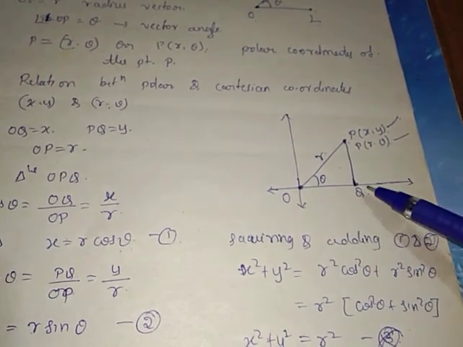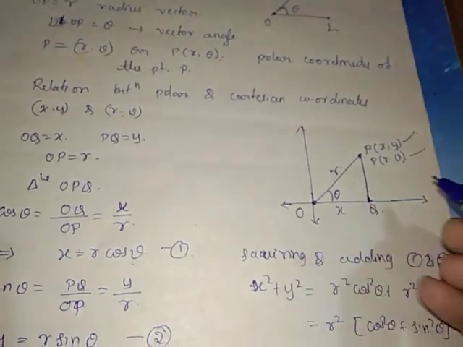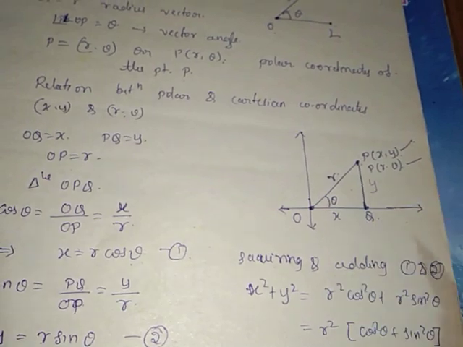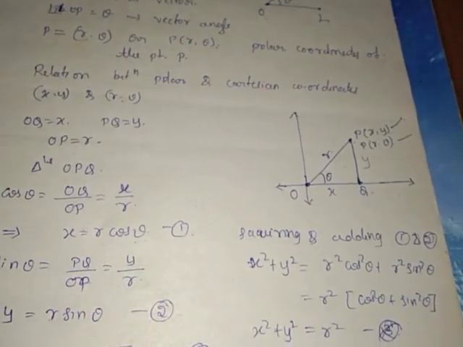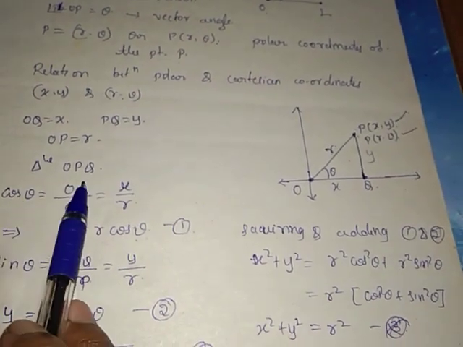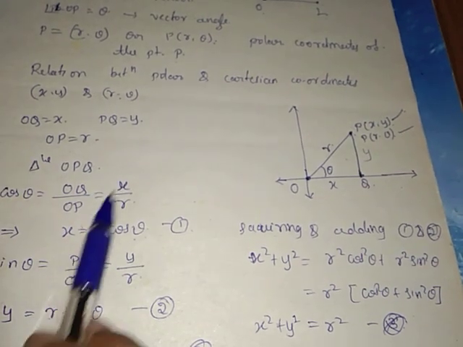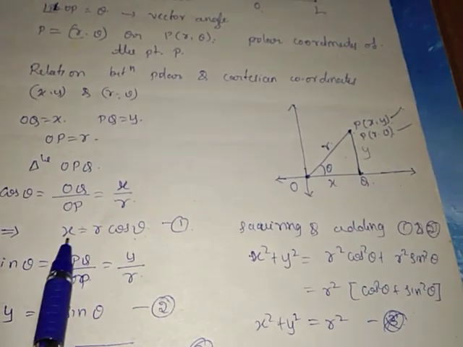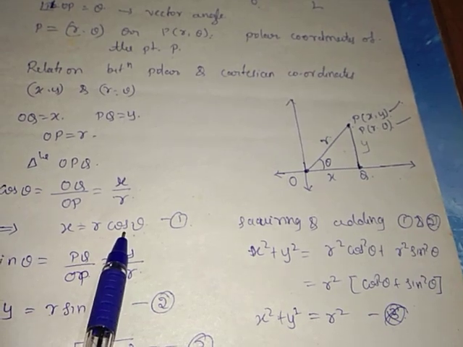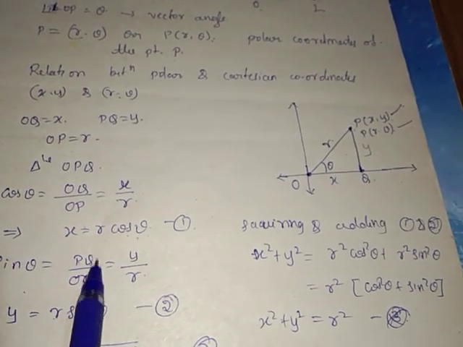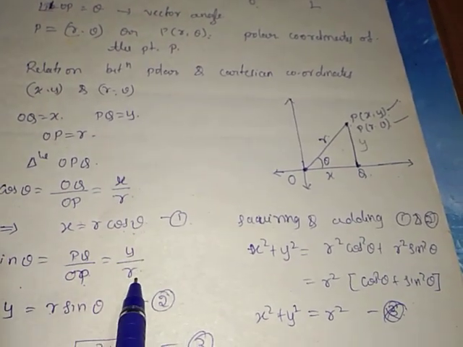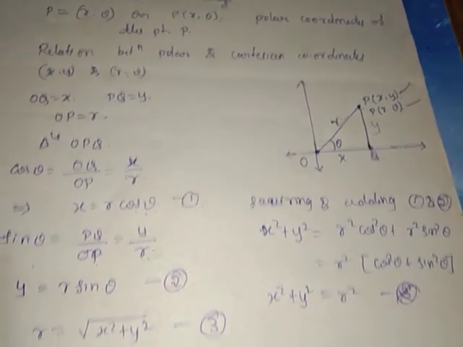From the diagram, OQ equal to x, PQ equal to y. From the triangle OPQ, cos theta equal to OQ by OP, x divided by r, so x equal to r cos theta. Sin theta equal to PQ by OP, y divided by r, so y equal to r sin theta.